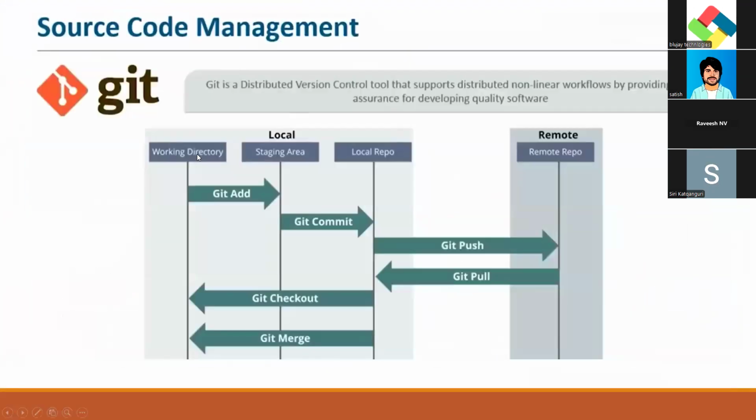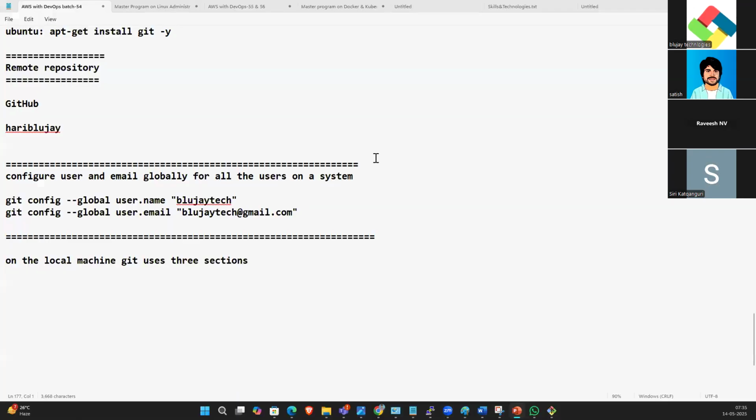On the local, it uses three sections. One is working directory, staging area, local repository. So these are the local machine sections. What is working directory, what is staging area, what is local repository? I will tell you.